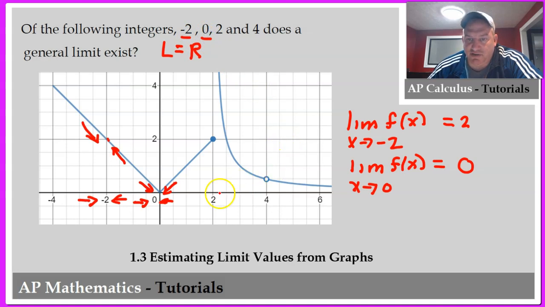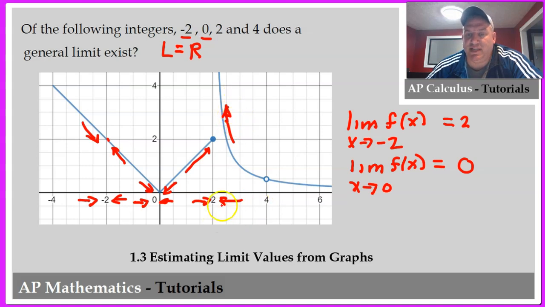Now the next integer we want to examine is 2. So when I approach 2 from the left, my function looks like it approaches a height of 2. So my left-hand limit is 2. Now, my right-hand limit, as I approach 2 from the right, it looks like there's an asymptote here, and my graph will shoot up, and therefore the limit does not exist, or you could say positive infinity.